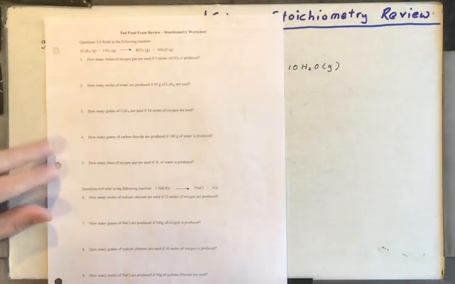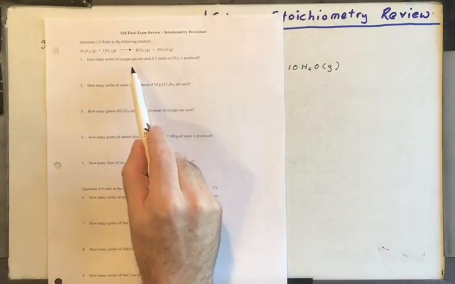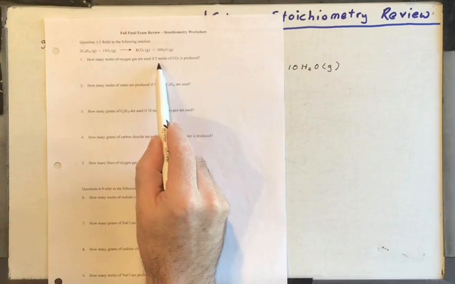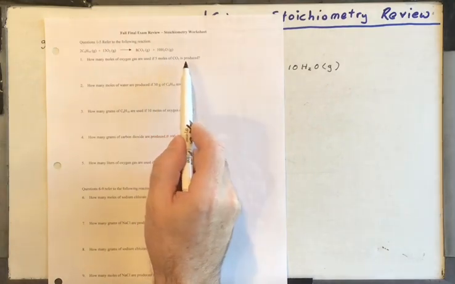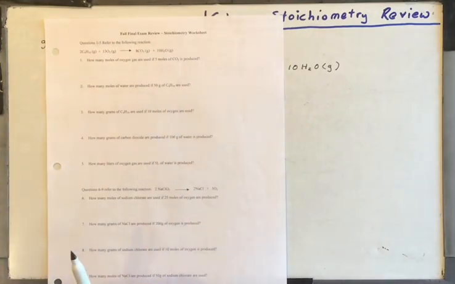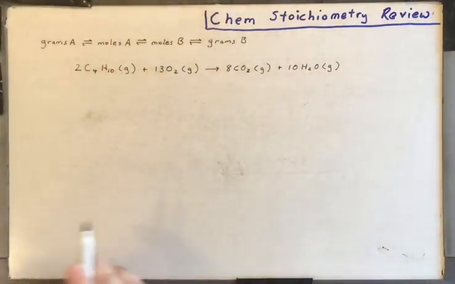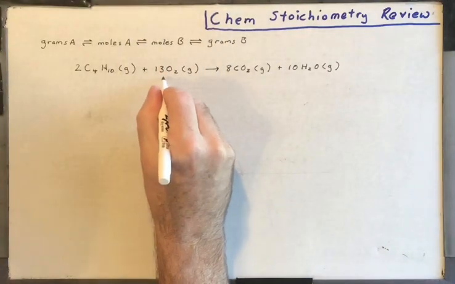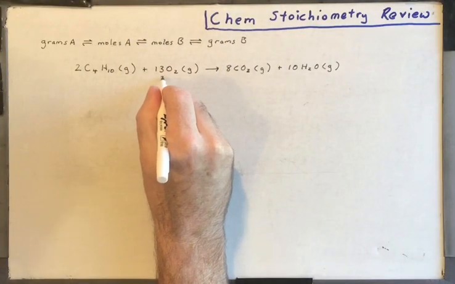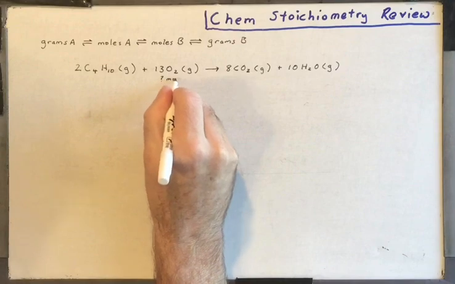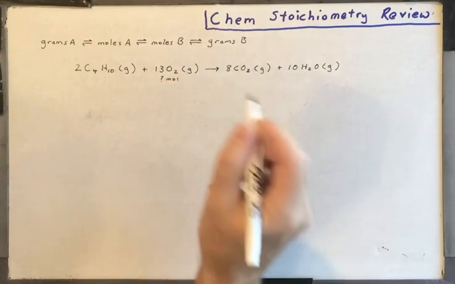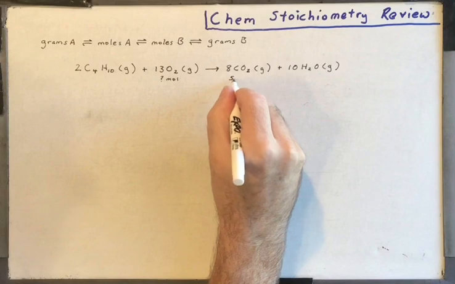So question 1 says, how many moles of oxygen gas are used if 5 moles of CO2 is produced? Okay, so how many moles of oxygen gas? And we have 5 moles of CO2.